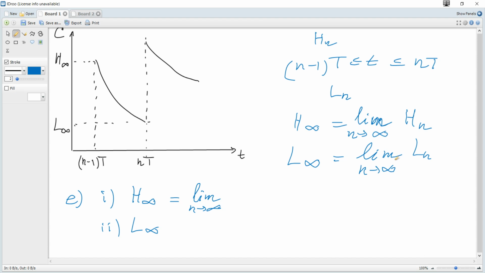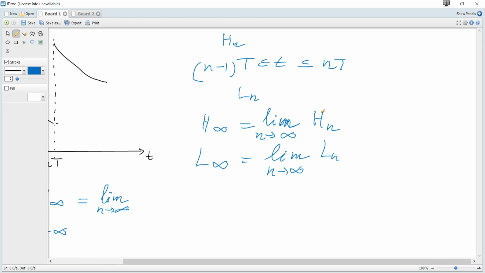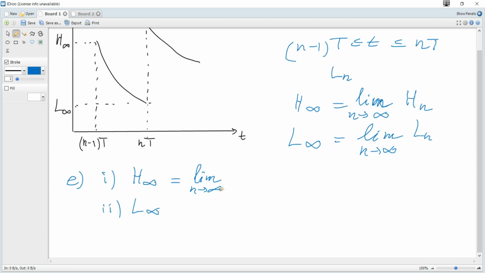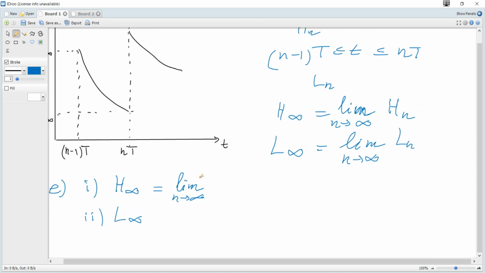Hn is just when the nth dose is taken, but L is the lowest possible concentration. It's just before the next dose is taken, and it will be equal to this H multiplied by e^(-0.2T). So H infinity is the limit when n tends to infinity, just after the nth dose is taken.